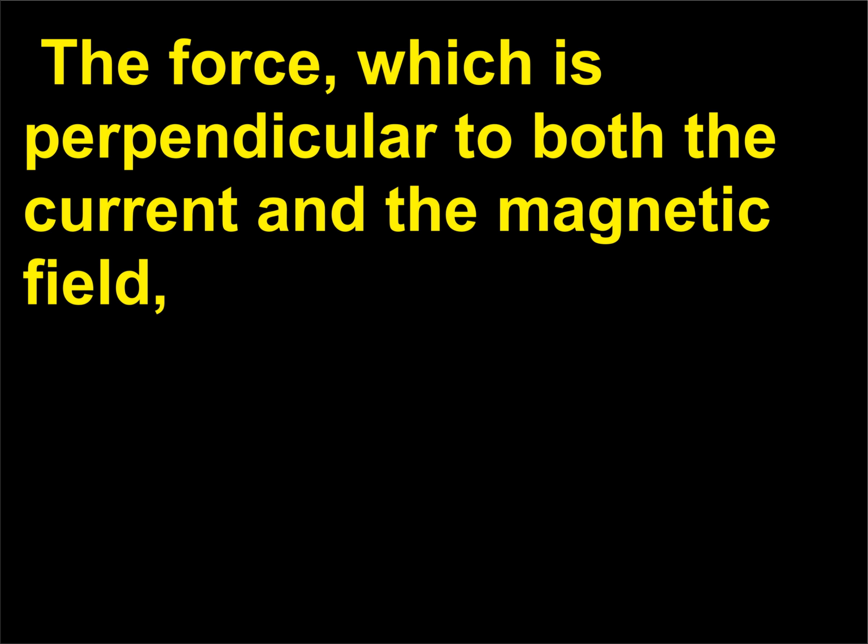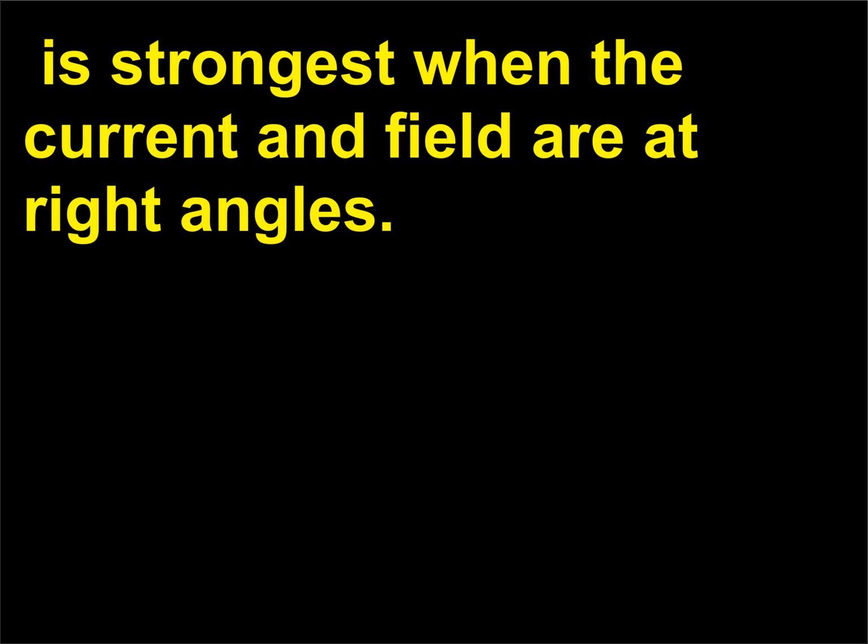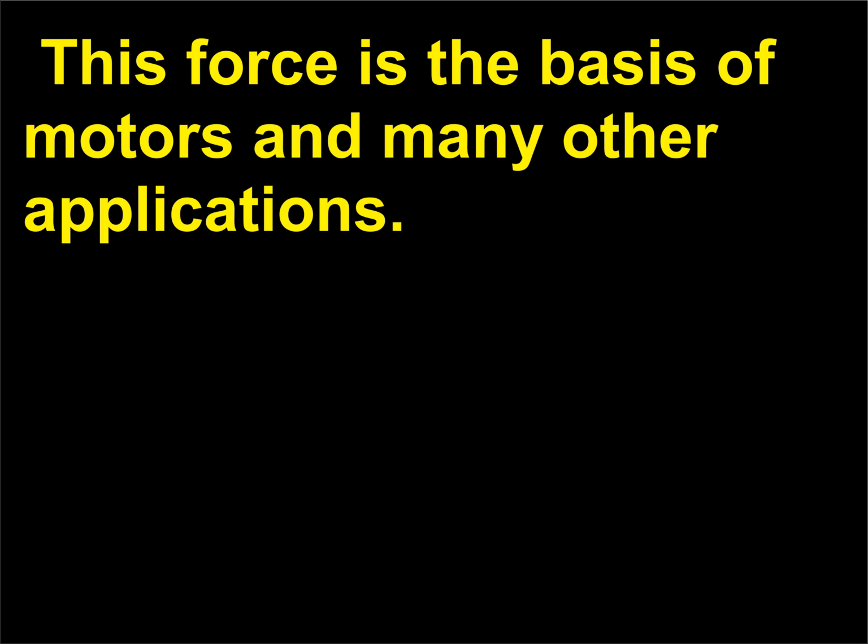The force, which is perpendicular to both the current and the magnetic field, is strongest when the current and field are at right angles. This force is the basis of motors and many other applications.